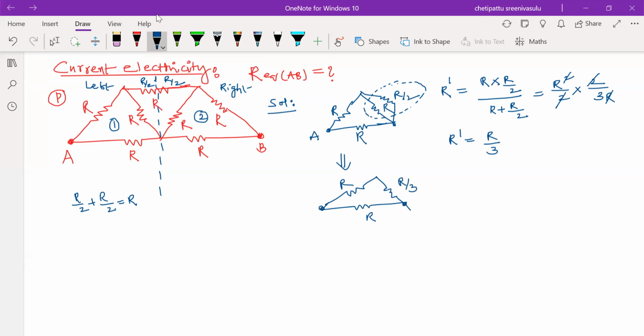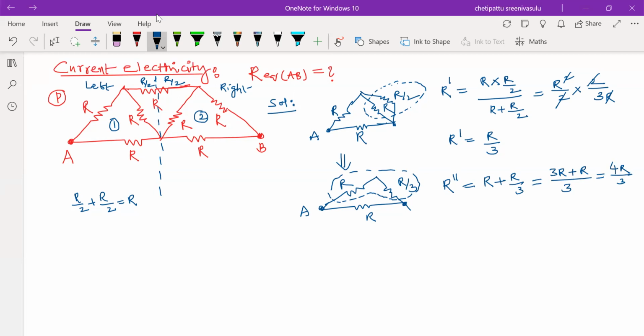Now this is A. Look at these two. These two look like a series combination. Assume the series combination as R double dash. You add R plus R by 3. Taking the LCM, this is 3R plus R upon 3, which is 4R upon 3.